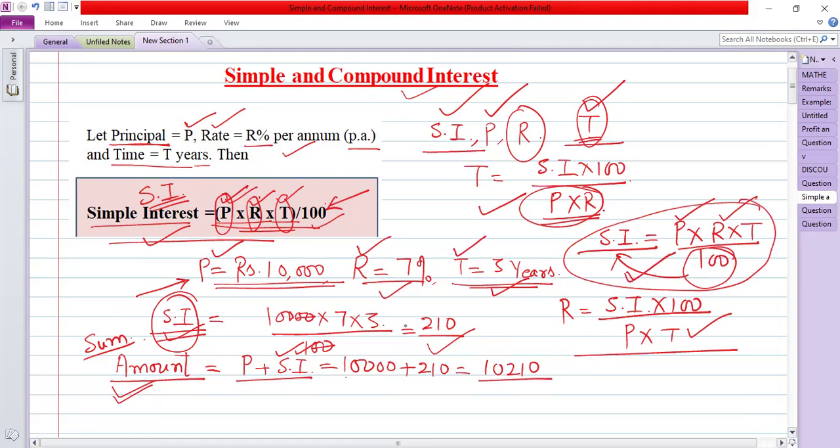So this is the first type of questions, which are the basic level questions.